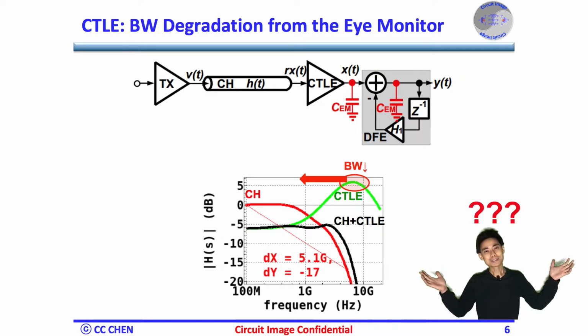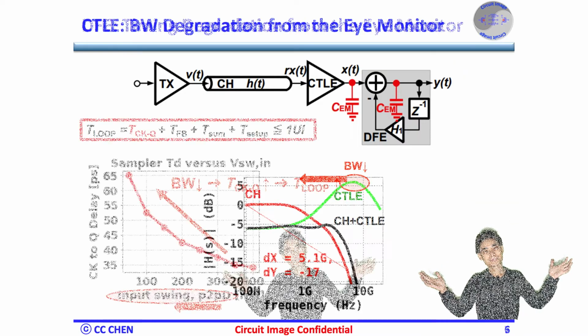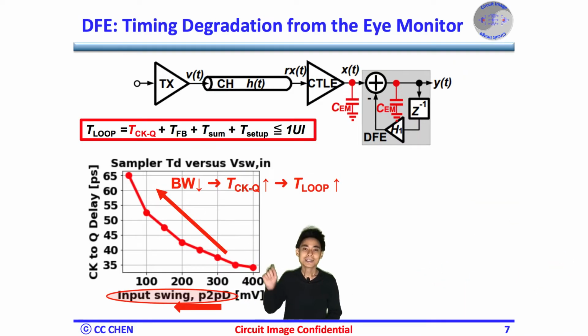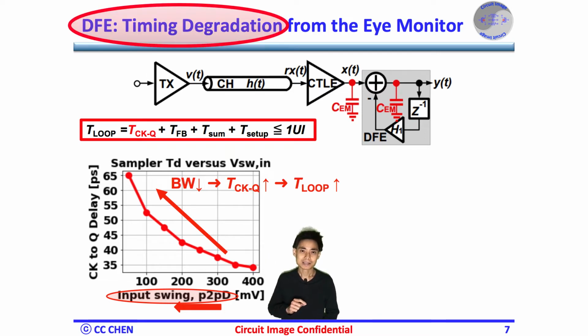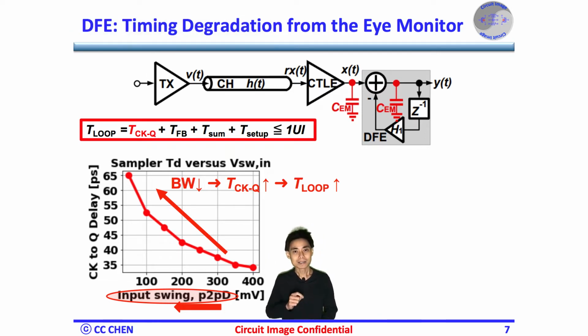Any other images? Bingo! DFE's timing constraint. As we discussed last time in the Why Not DFE Only video, the DFE's first sampler needs to take any tiny input swing and regenerate it to a full swing by the positive feedback.